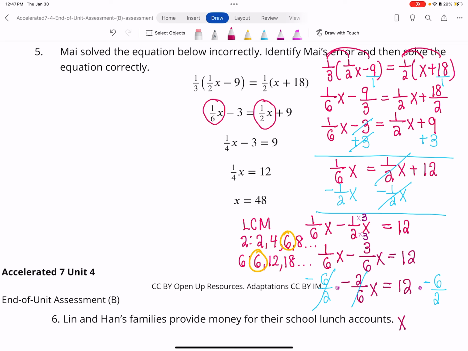So x is equal to, if I put that invisible 1 underneath that 12, I end up getting 12 times the -6 is -72, and 1 times that 2 is 2. x is negative 72 over 2, or simply negative 36.